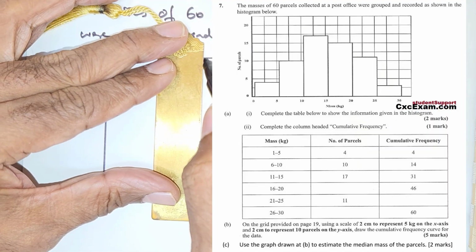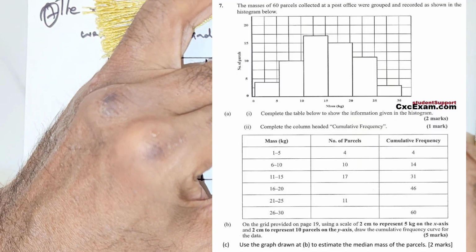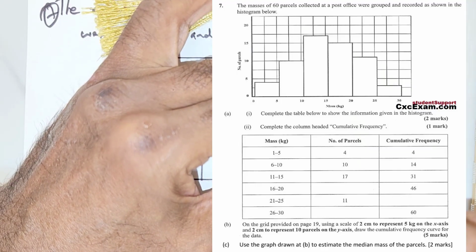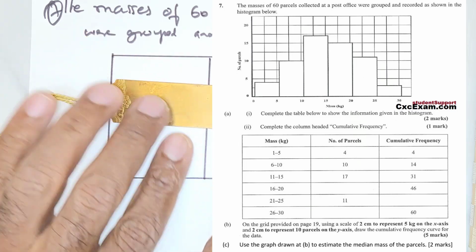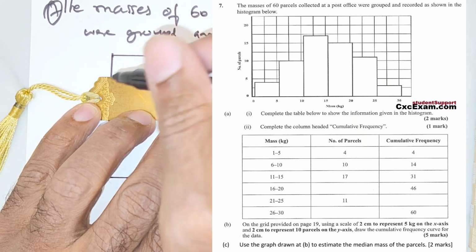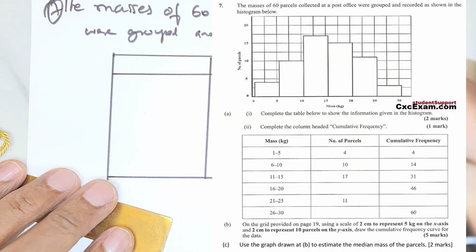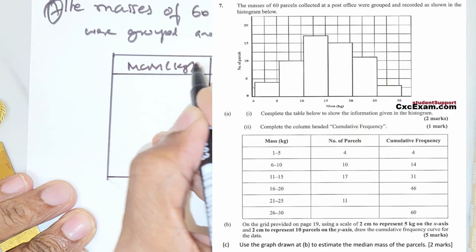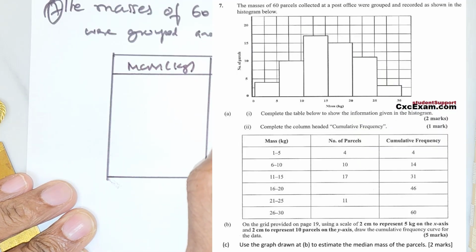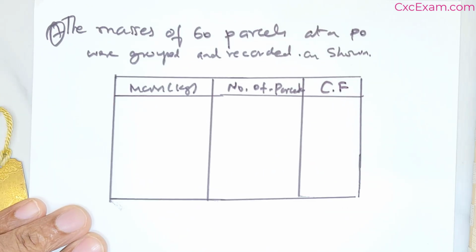So this is mass in kilograms, number of parcels, and this is cumulative frequency.